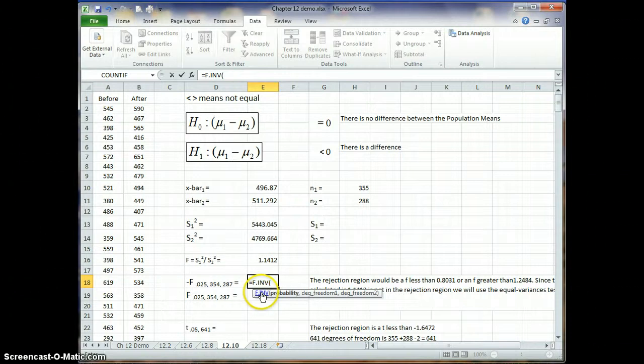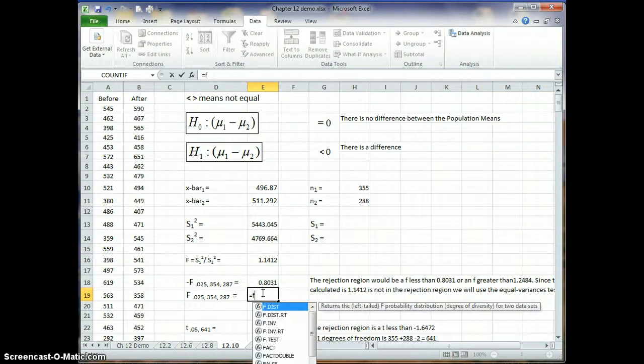The probability is 0.025. The degrees of freedom for the first sample, the before, is 355 minus 1, so 354. The degrees of freedom for the second is 288 minus 1, which gives us 287. Close that for 0.8031.